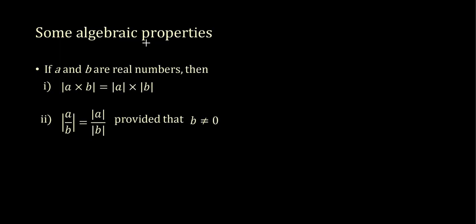Now here are one or two algebraic properties of the modulus function. One is that if a and b are real numbers, then modulus of a into b is modulus of a into modulus of b. Means you multiply first any two given numbers, whether positive or negative, and then take the magnitude. The result will be equal to first taking the magnitude and then multiplying. For example, take one value as -3 and the second number as 4.